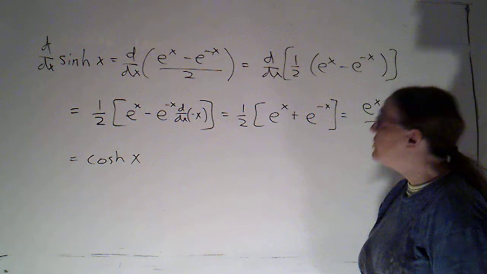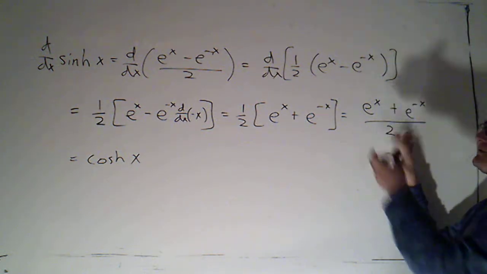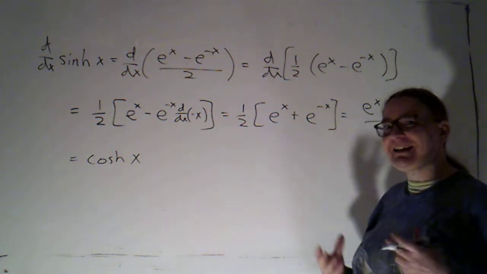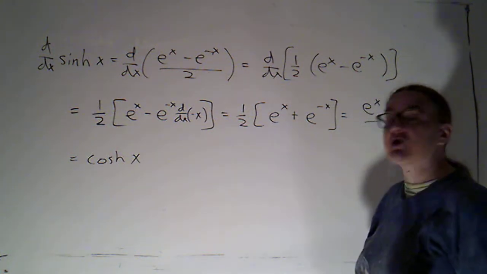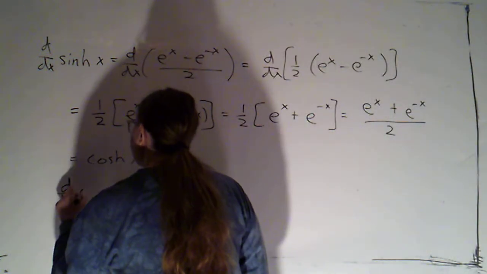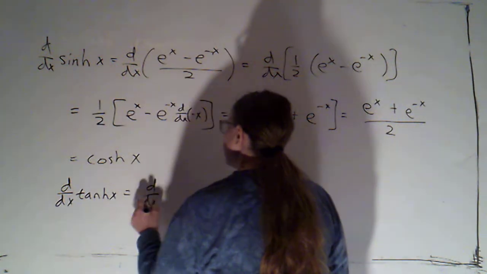For cosh, you're going to need to write cosh this way and take the derivative. It's very similar to sinh. But once you get to the others, it's not necessary to write them in terms of e to the x. You could, but if I'm taking the derivative of tanh x, I've got 2 options here.